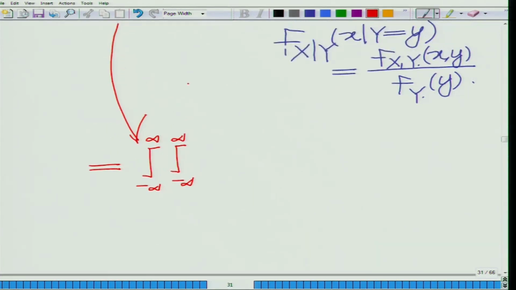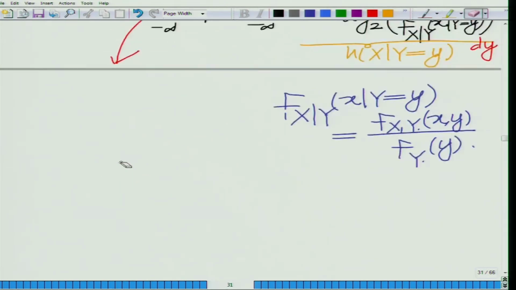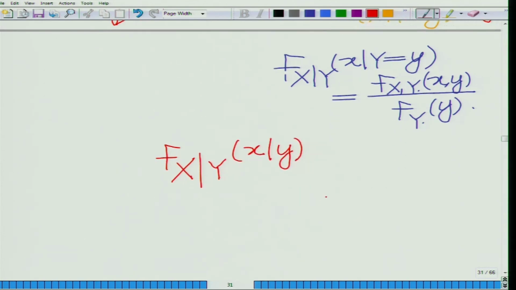we use the property that f of x given y times the marginal probability density function is equal to the joint probability density function.